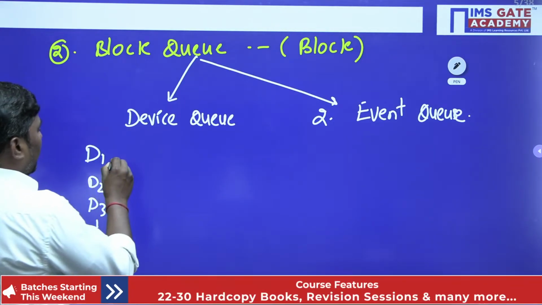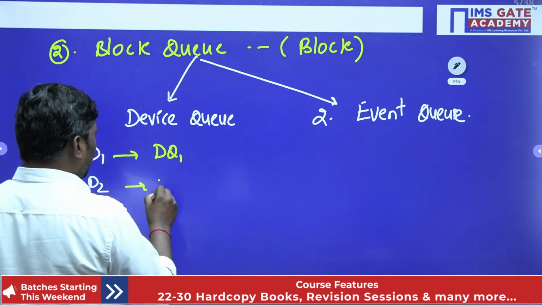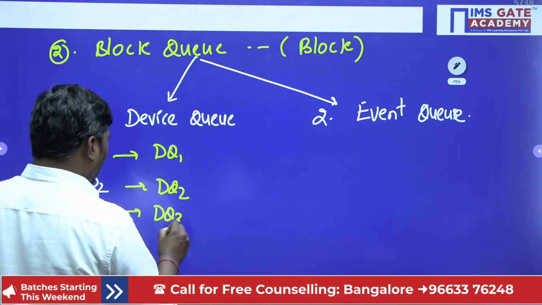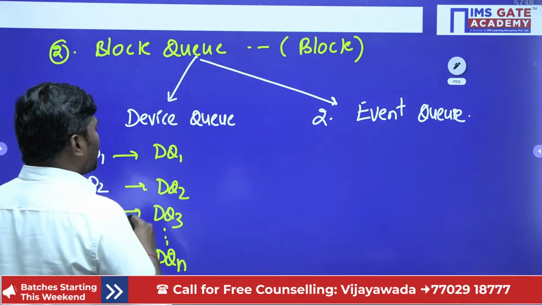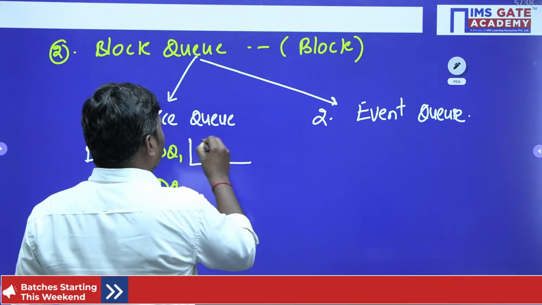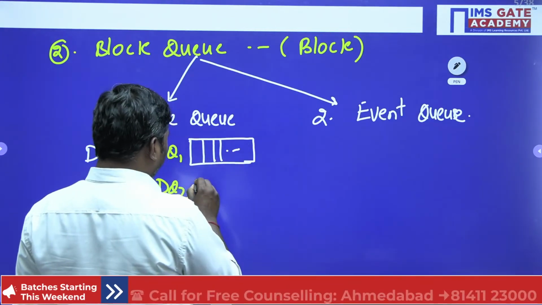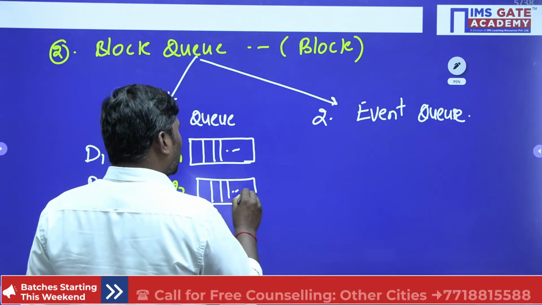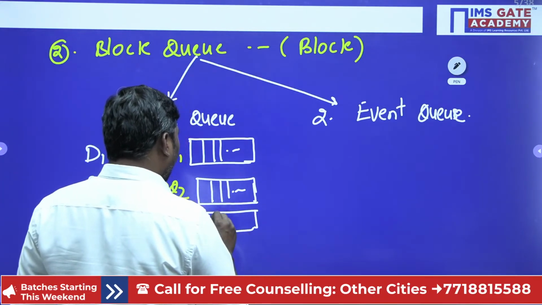Each device has a separate queue: device Q1, device Q2, device Q3, device Qn. Why should each device have a separate queue? At a certain moment, more than one process may want to use the same device. In such cases, all requests cannot be serviced in parallel, so they have to wait in line, they have to be queued.